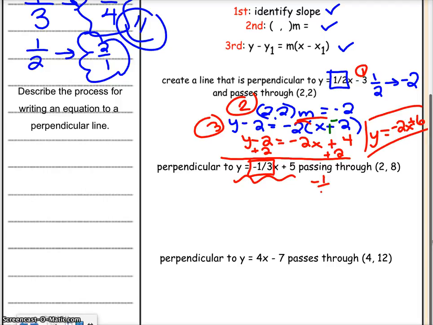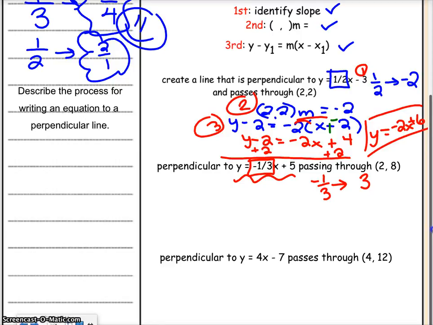I write it down, and I think, what would my opposite slope be? Flip it, 3 over 1, opposite sign, so it becomes positive. That's step 1. Step 2 is that point and the slope. So the point, they give you the point, 2, 8. My slope is 3.